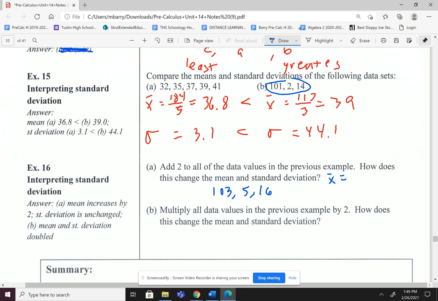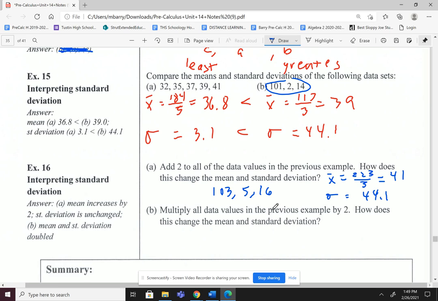So the mean is now going to be, let's see, 103 plus 5 plus 16 is 223 over 3, and that would be 41. The standard deviation is actually 44.1. So the mean has increased by 2, but the standard deviation hasn't changed.